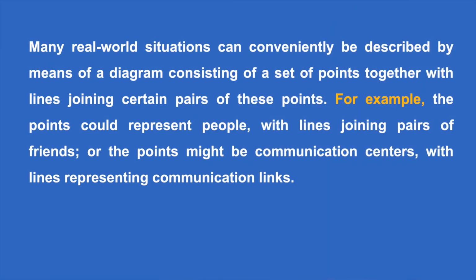Many real-world situations can conveniently be described by means of a diagram consisting of a set of points together with lines joining certain pairs of these points. For example, the points could represent people with lines joining pairs of friends, or the points might be communication centers with lines representing communication links.